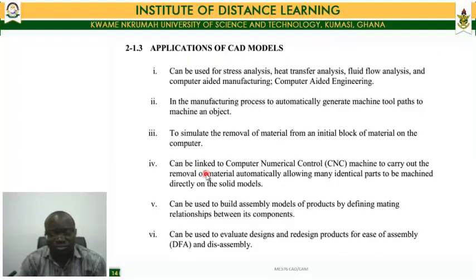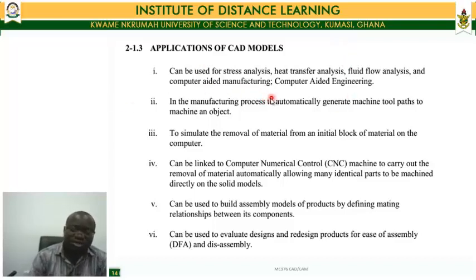Now, when it comes to applications of the CAD models, we've seen the capabilities. Applications of CAD models: you can actually use CAD models for stress analysis, heat transfer analysis, fluid flow, and then you can also use it in CAM and in a general context in computer-aided engineering.